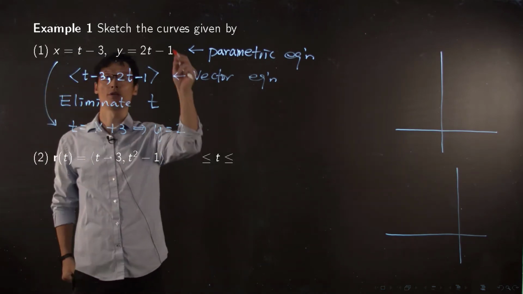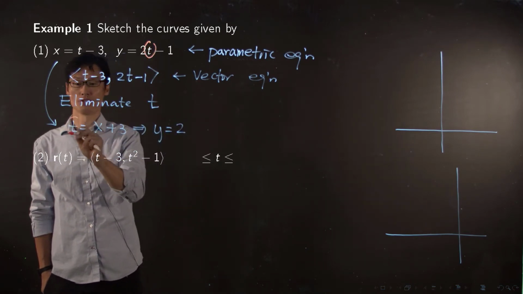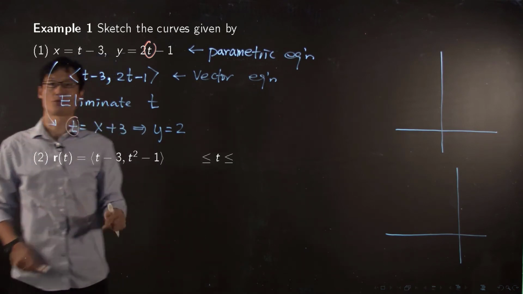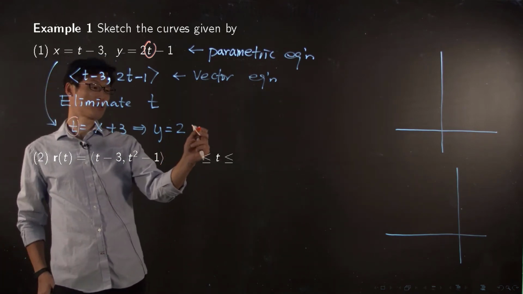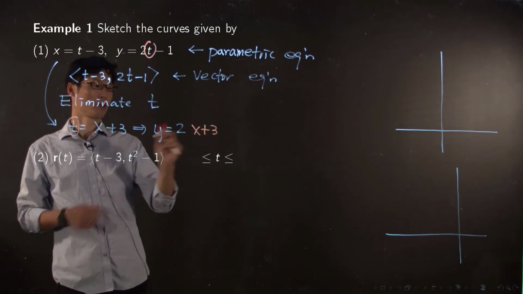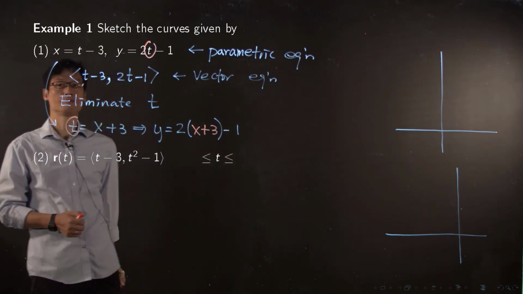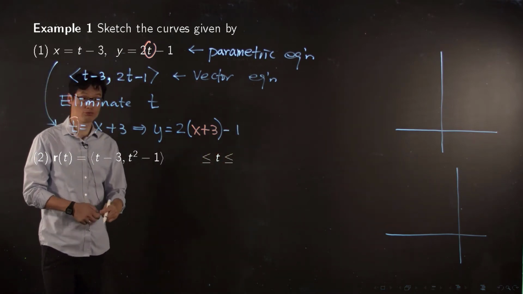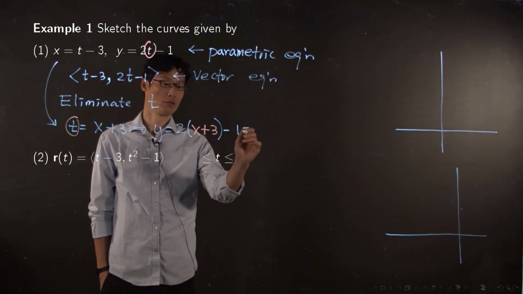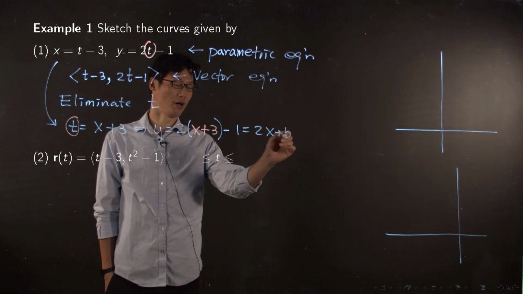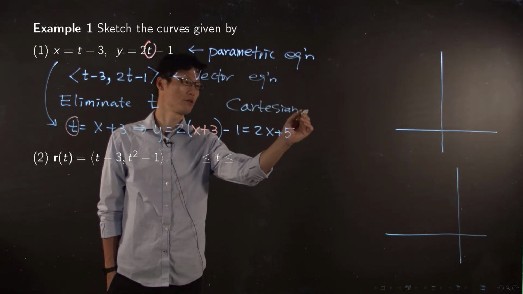Let me use color. Here, you are replacing this t by this t. So 2 times (x plus 3) minus 1. That's it. And then once you simplify this, you will get a Cartesian equation: y equals 2x plus 5. This is the Cartesian equation.